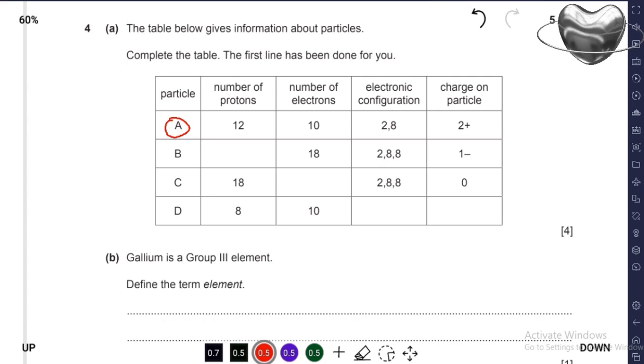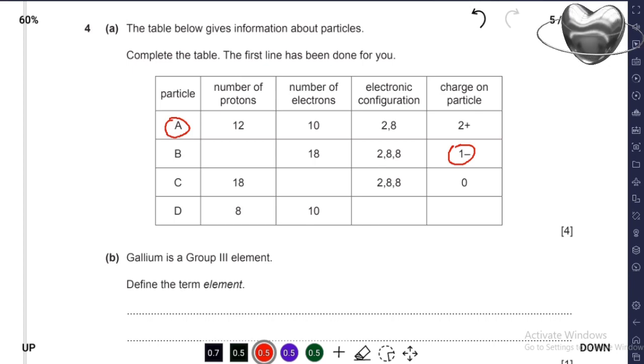Looking at the row number B, we are having this particle charged negatively. When the particle is charged negatively, it means that particle gained one electron because it has the charge of 1. So initially it was having how many electrons?